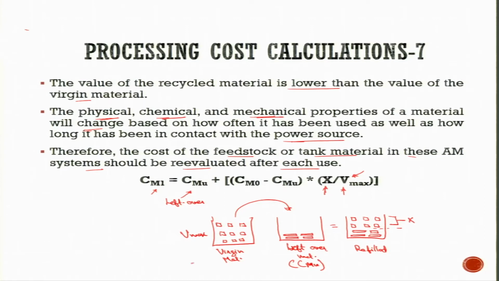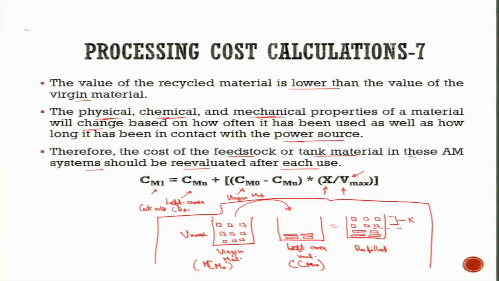So this is CM0. So CM0 minus CMU, into the amount of material that is added, that is the X material. So this is the cost rate of the virgin material. This is the cost rate in rupees per kg. This is also rupees per kg.